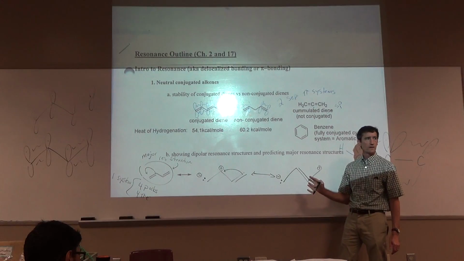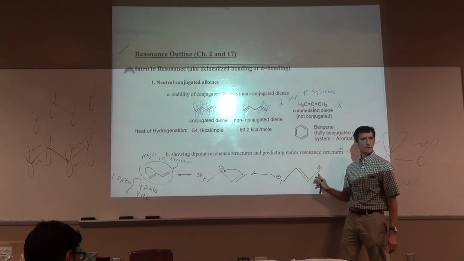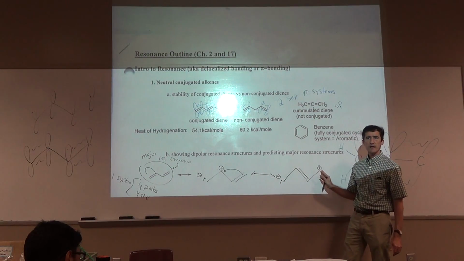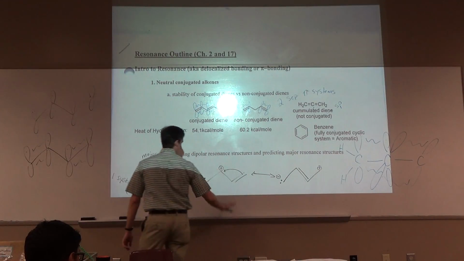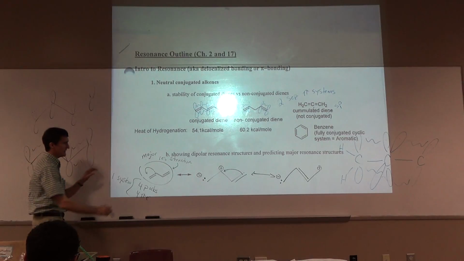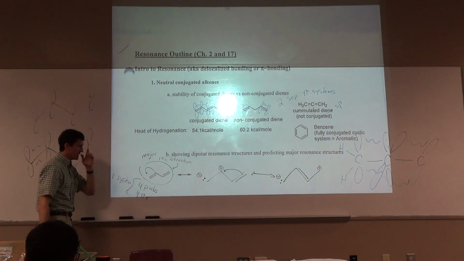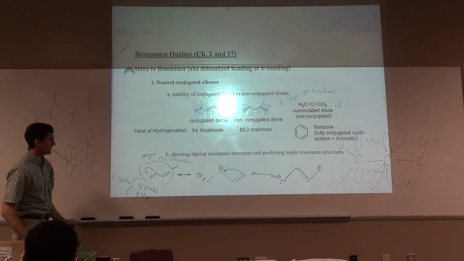Why would it do that? I mean, they're both carbons. Why would this carbon want more electron density than this one? It wouldn't. You have no reason to polarize it like this. So these are, yeah, resonance structures, but they're not that good. I like this one best. Major resonance structure.